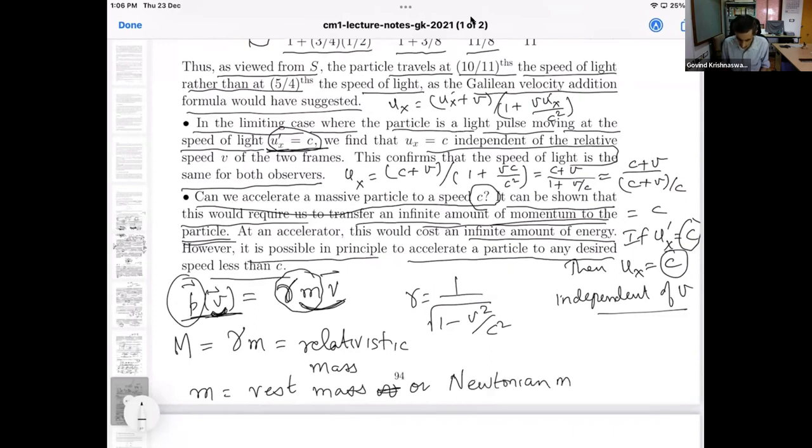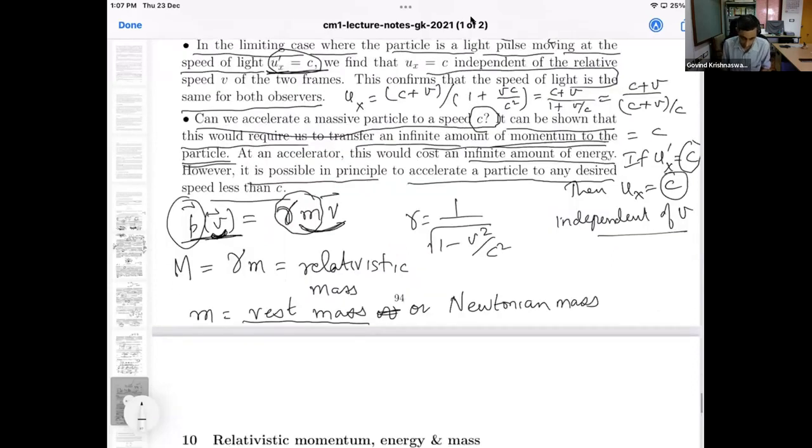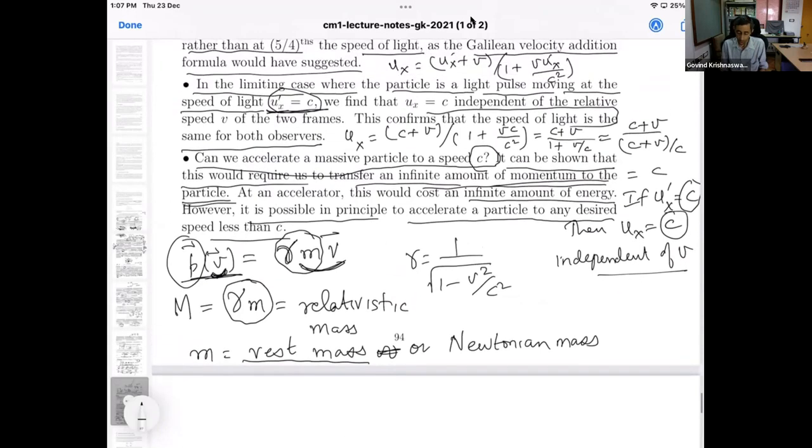But more accurately, it is called the rest mass of the particle. It's the mass that the particle has when it is at rest. So the product gamma m is called the relativistic mass. That can depend on the speed of the particle. The rest mass doesn't depend on the speed of the particle because it's defined when the particle is at rest.